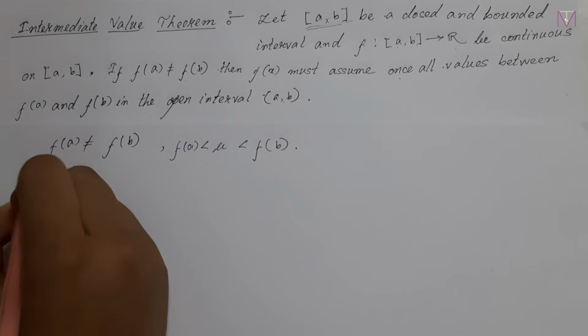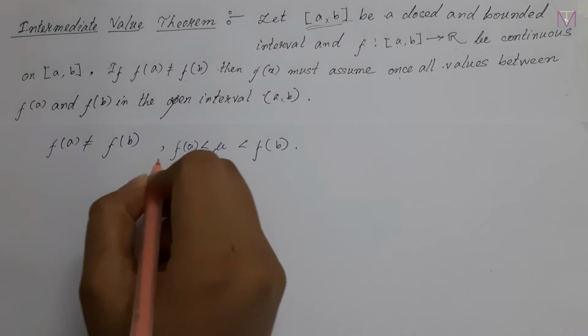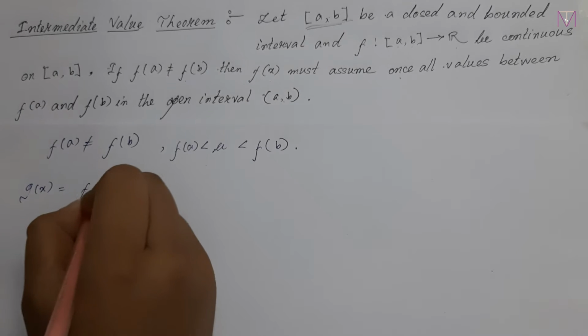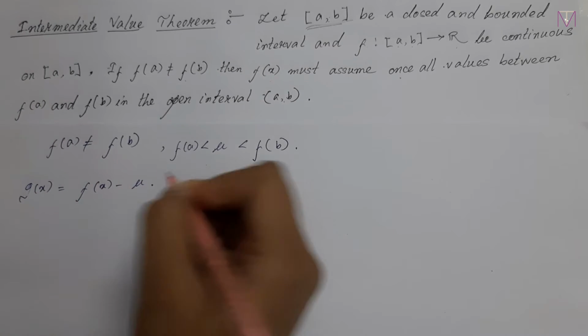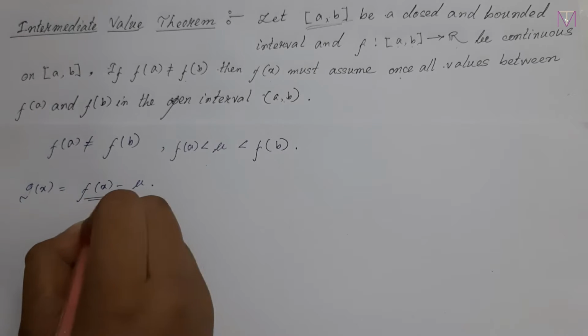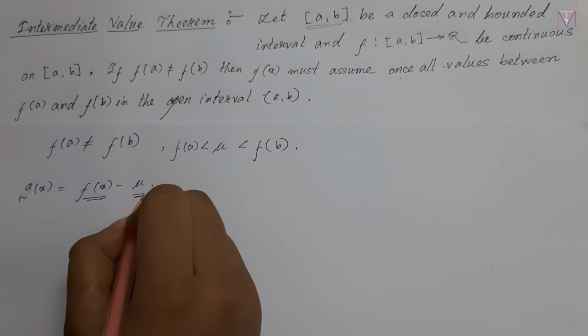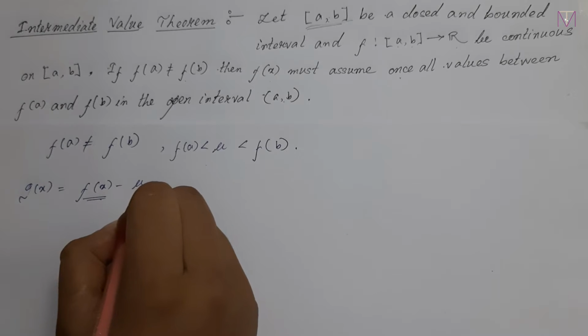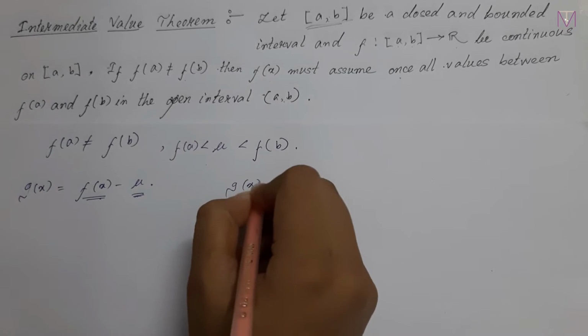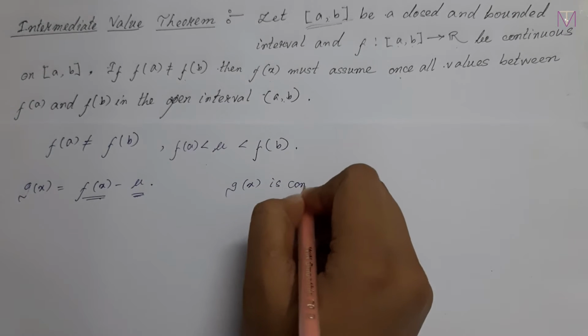Now we have to consider a function g(x) equal to f(x) minus mu. Here f(x) is continuous and mu is a constant function, so mu is always a continuous function. So g(x) is also continuous.